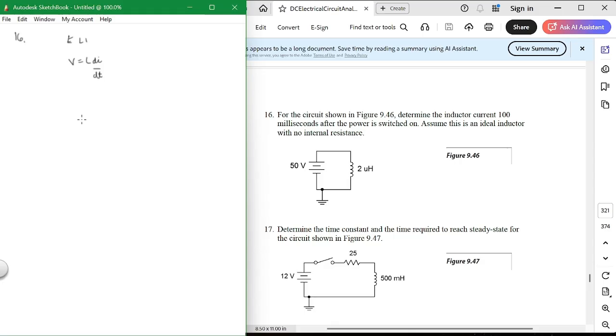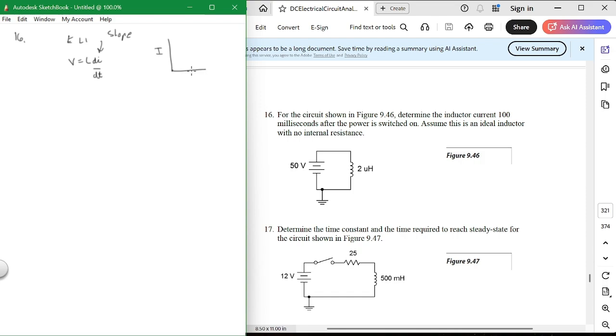And then I say, this is the slope of I with respect to time. I worked that backwards. I said voltage, and it was current. This up here is I, not V. Sorry about that.